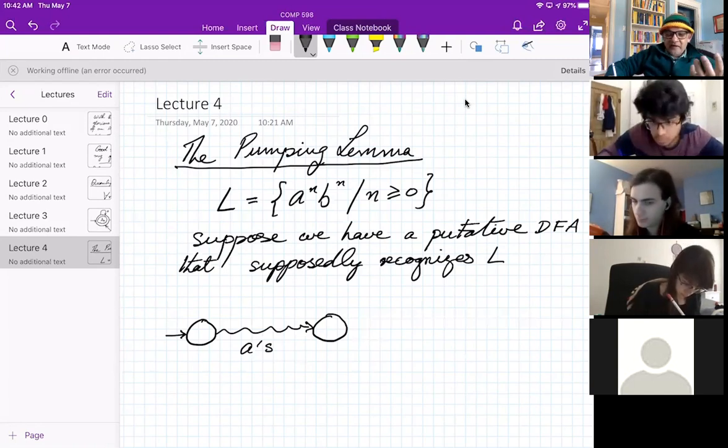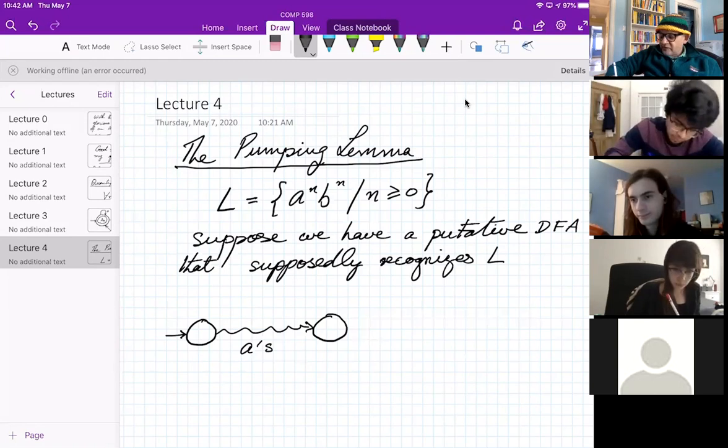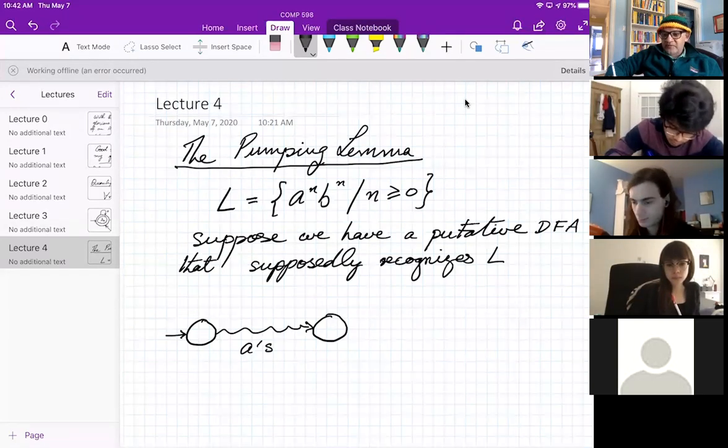In particular, I can make my string so long that the block of A's is by itself way longer than the number of states in the machine. So at some point, I'm going to have to hit a state twice, while I'm still reading A's. So that means I have a situation like this.